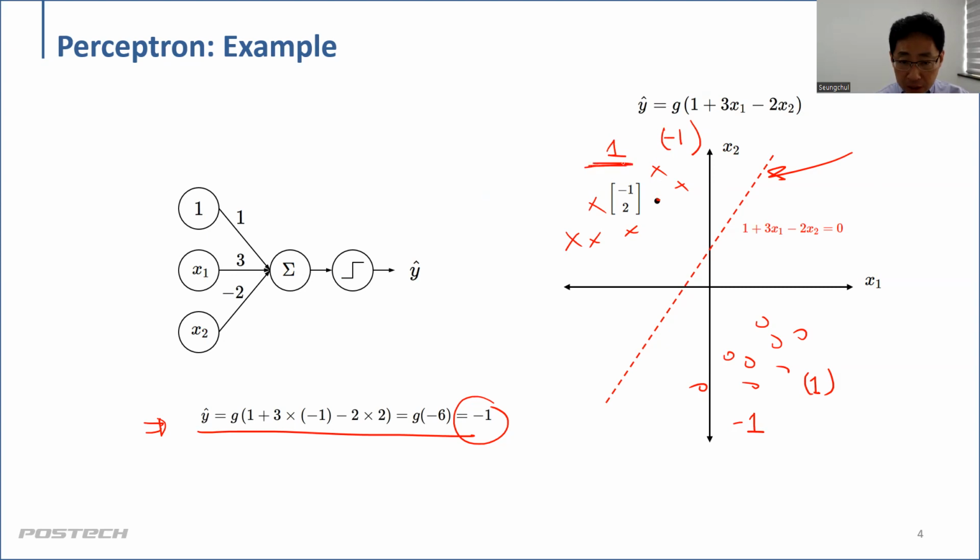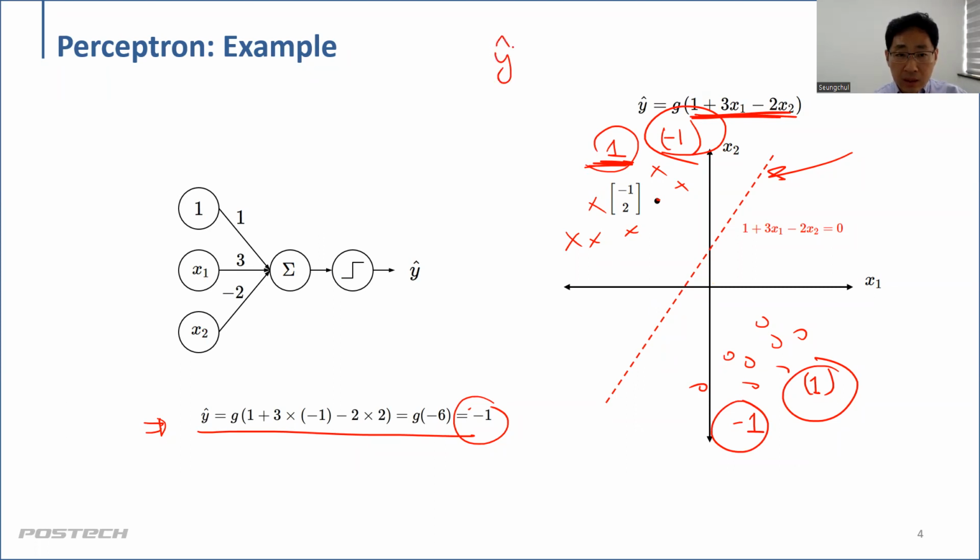And let me say this is negative. So in this case, this is how we got it. If the labels are set the other way, it's going to be -x1 plus 2x2.